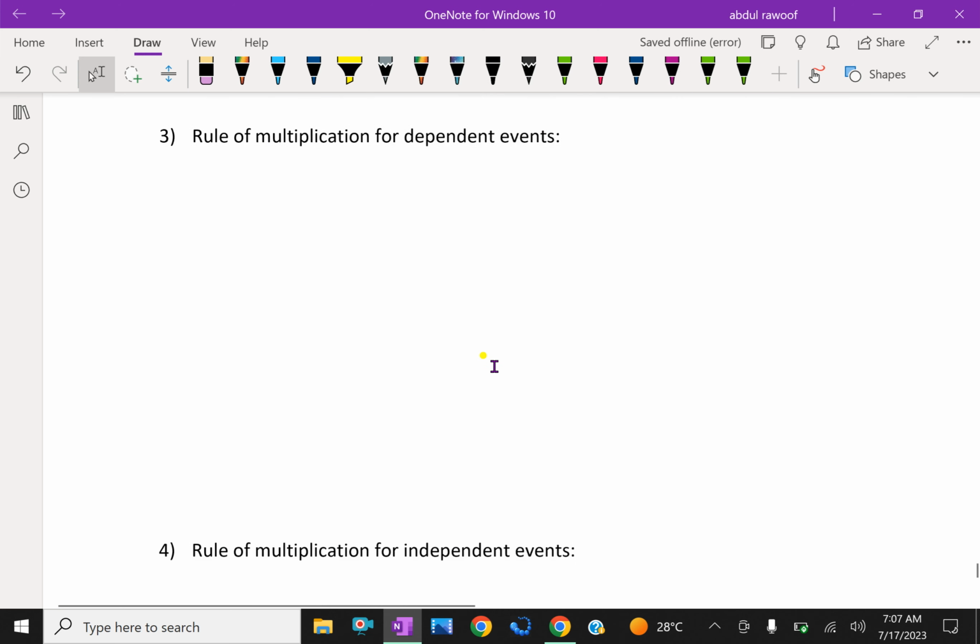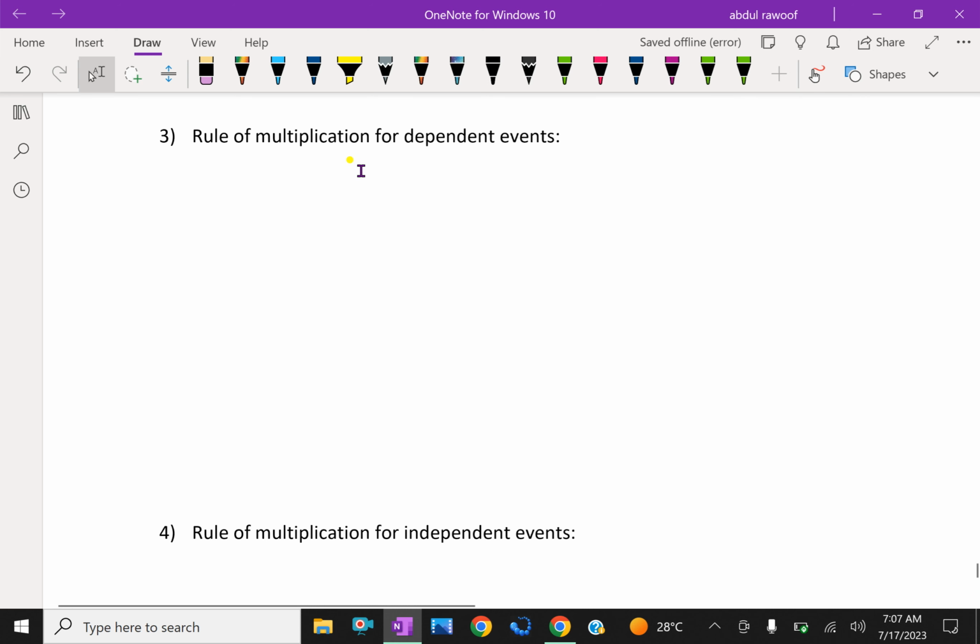Next one, the rule of multiplication for dependent events. Here, two events are dependent if the occurrence of one is connected in some way with the occurrence of the other. That means one event is connected and happens with respect to the other event.